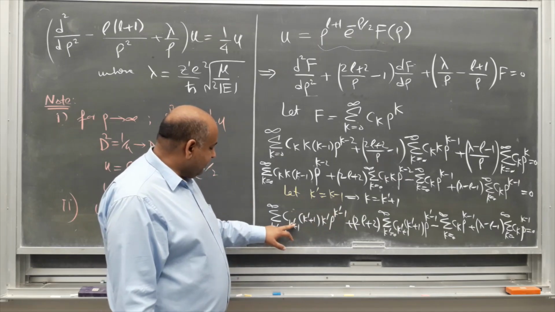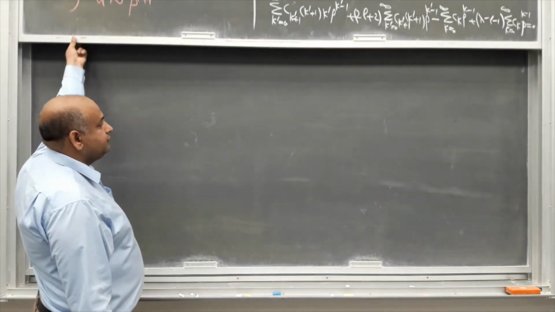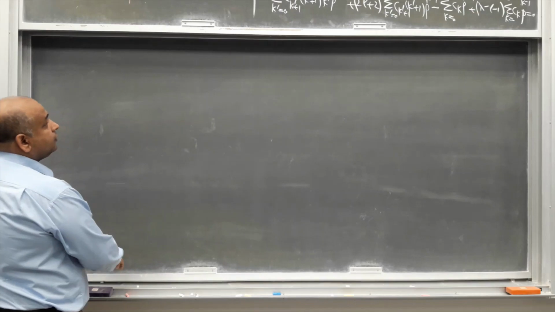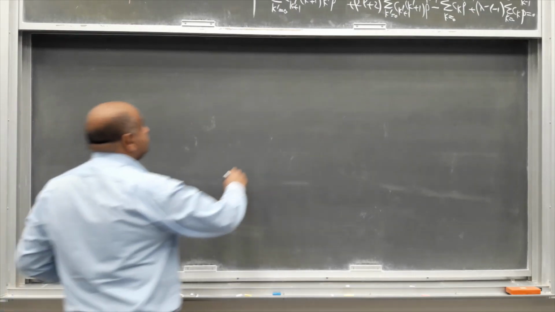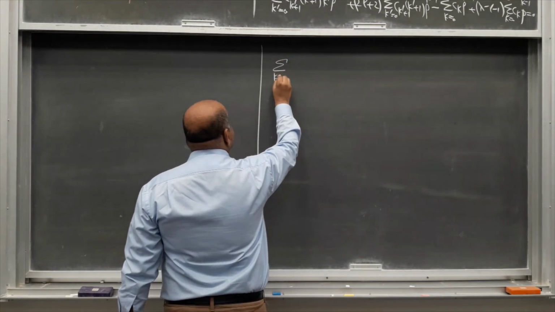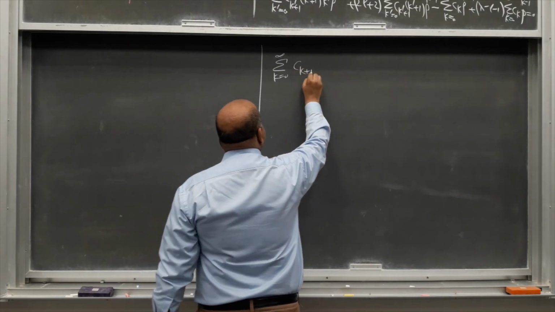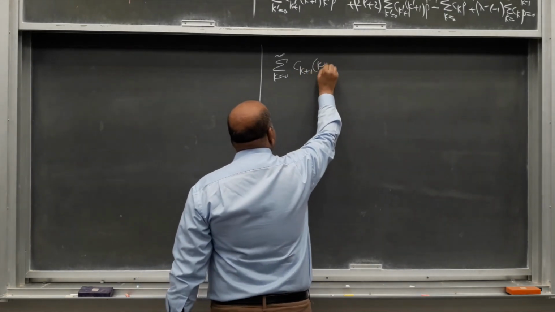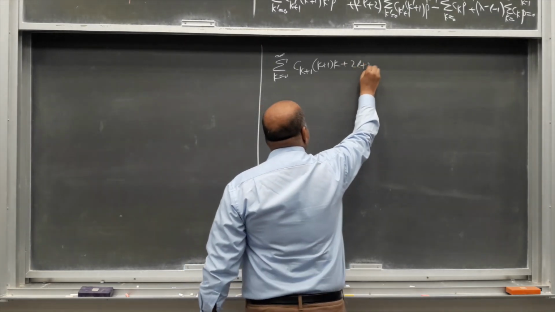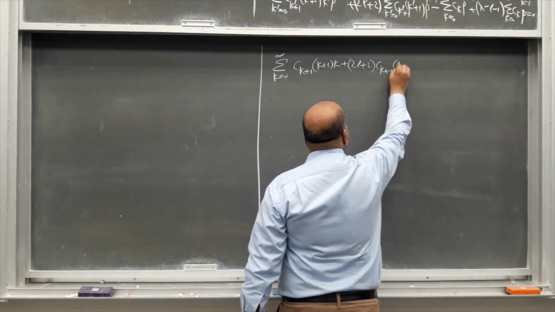So let me make this k prime equal to k again, and we get the equation like this. So we write it here. So we get k equals 0 to infinity, c k plus 1, k plus 1, k plus 2l plus 2, c k plus 1.